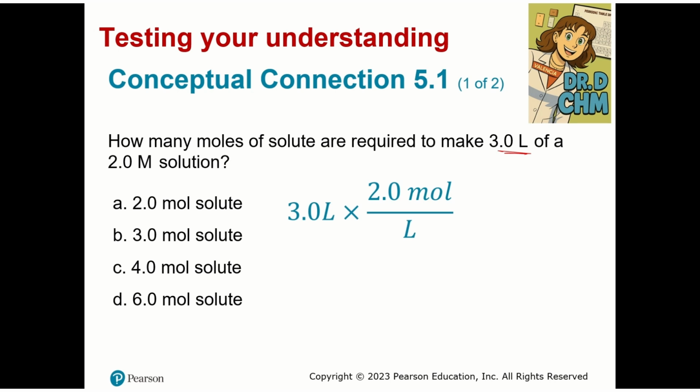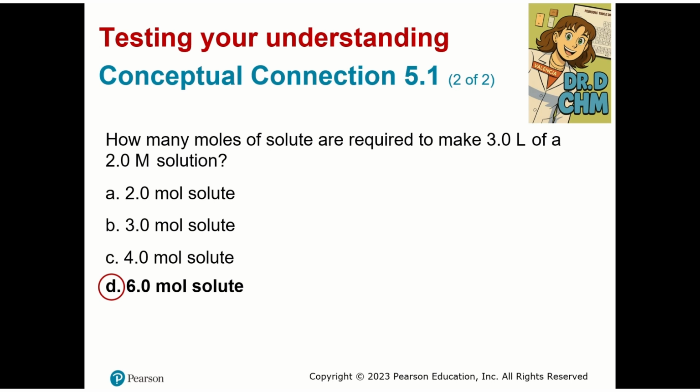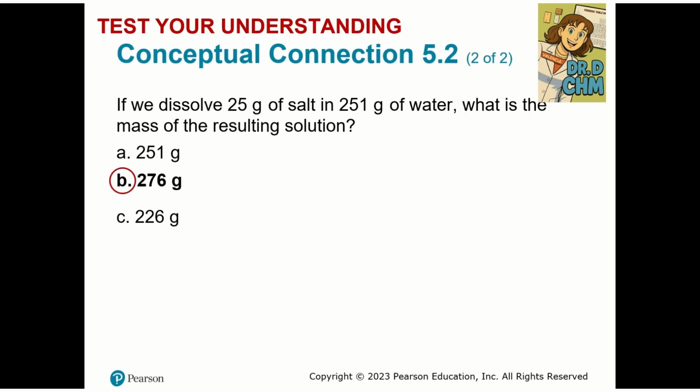I'm going to use the concentration, moles per liter, as a conversion factor. What I need is moles, so that's why I use 2 moles per liter, right? I have the volume over here, and here's the concentration of the solution, 2 molar. So I can cancel out the liters, and I'm going to have 6 moles of solute. Good? Okay, let's go to the next one.